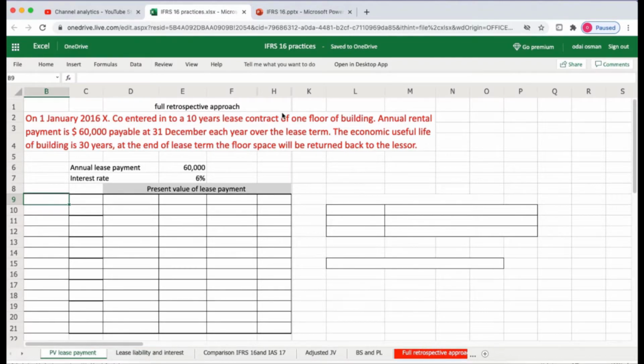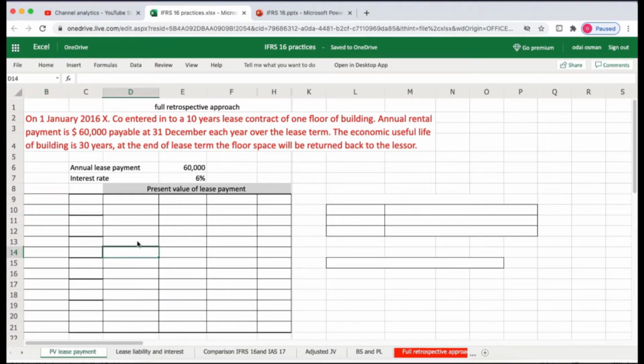Our lease term is 10 years, starting from 2016. We have the lease payment and the discount factor.